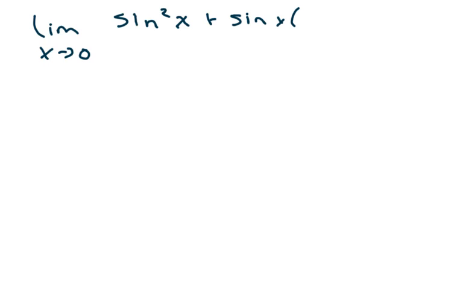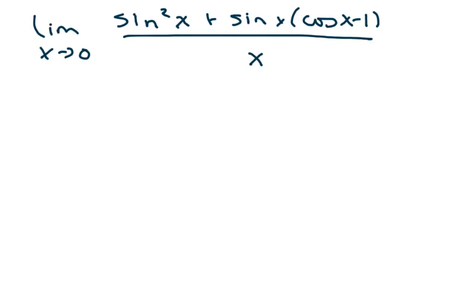the limit as x approaches 0 of sine squared x plus sine x times the quantity cosine x minus 1, all over x squared. Now I'm going to break this down as the limit as x approaches 0, and I'm just going to break these two pieces, the plus, apart.